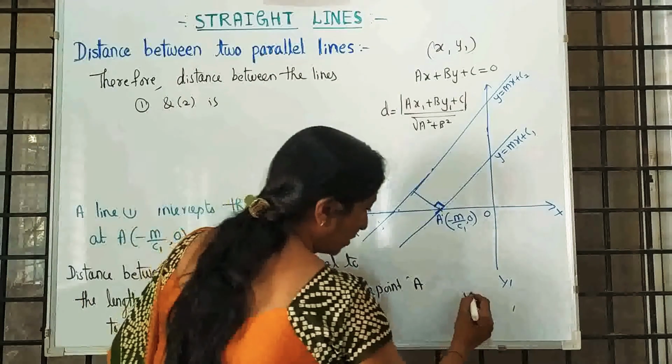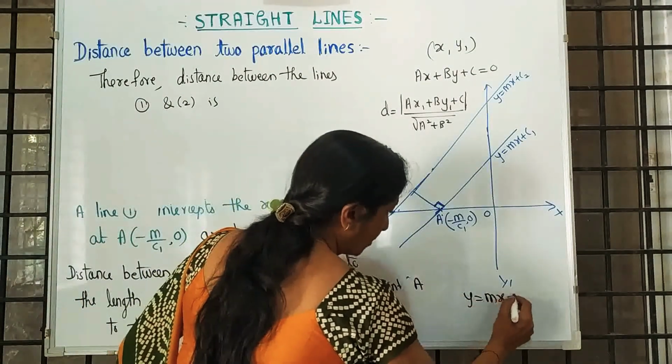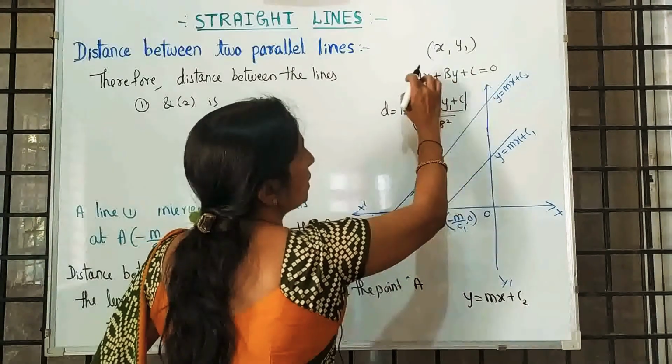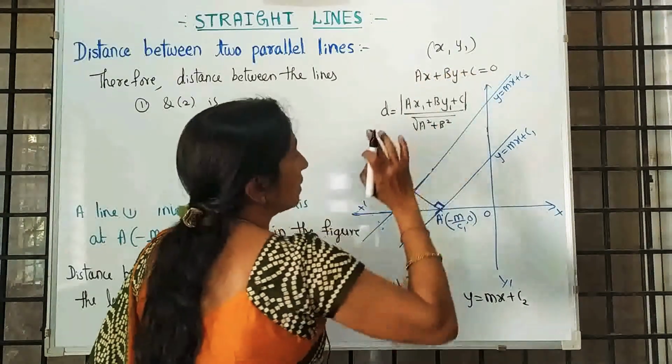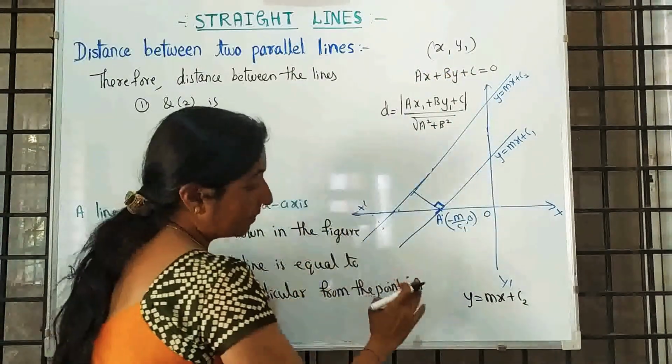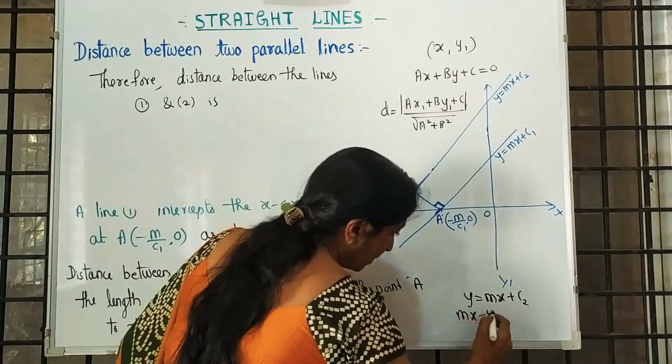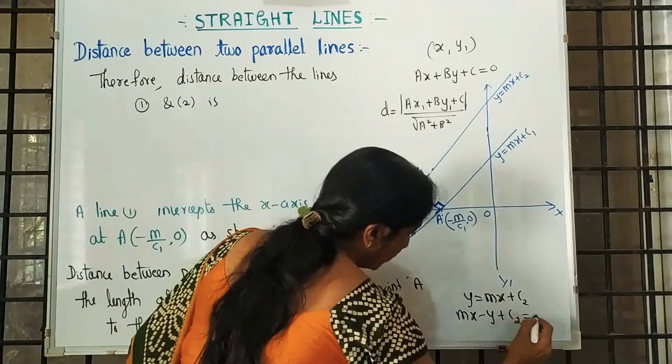Line 2 is what? y is equal to mx plus c2. This we have to write in the general form. General form is ax plus by plus c, that means all the variables on one side. So this is mx minus y plus c2 is equal to 0.